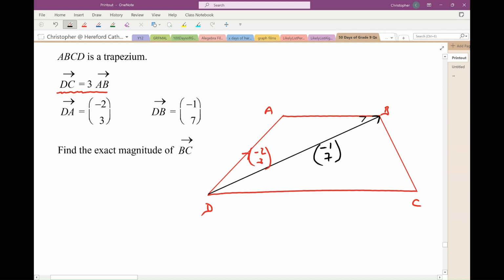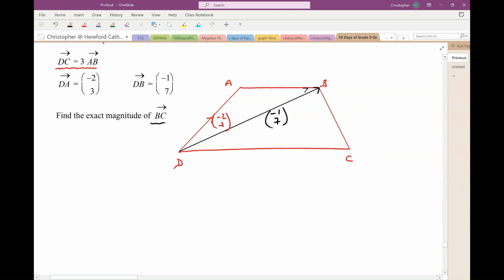Okay. Right, find the exact magnitude of BC. Okay, well, if I can find AB first, then I can find DC by multiplying AB by 3. So let's think about A to B. Well, to go from A to B, I'm going to go AD, that's down here, and then DB.